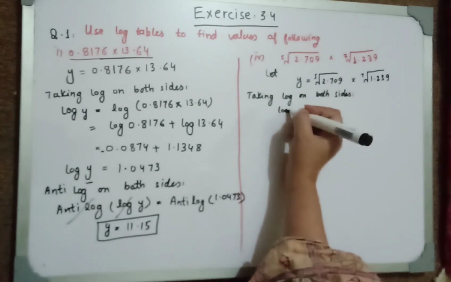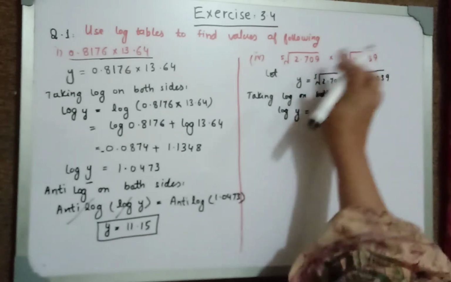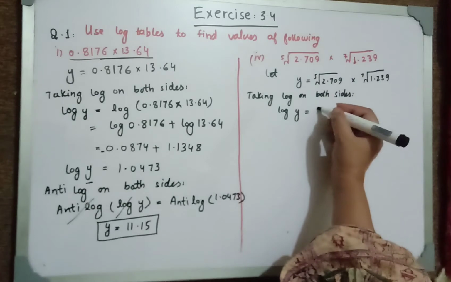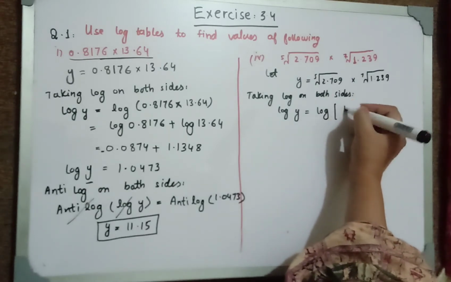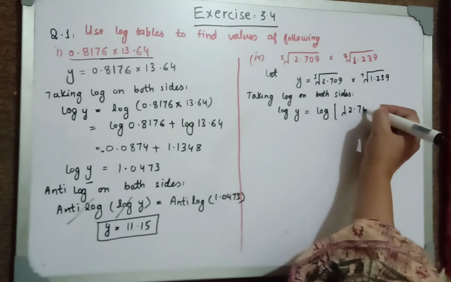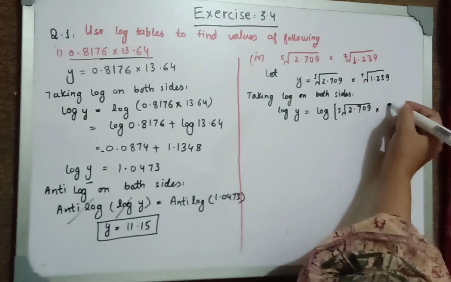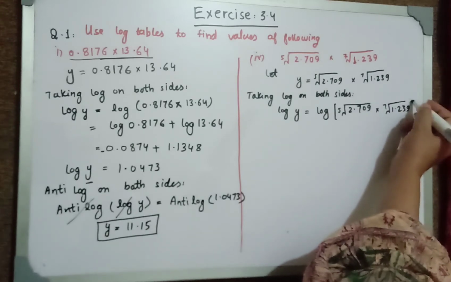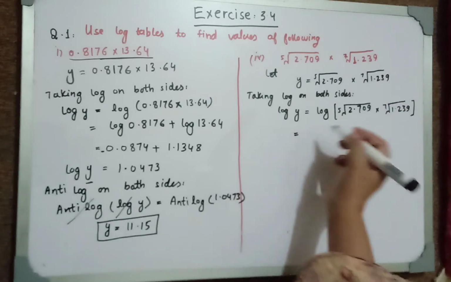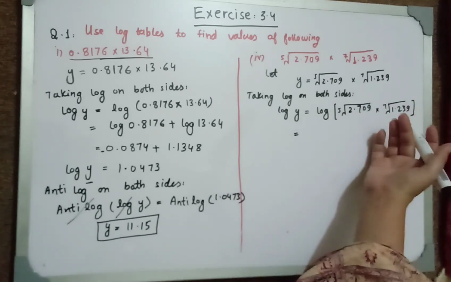Right, so we will have log of y is equal to log of this whole number, so I'll write here equals to log and bracket, and the number as it is, square root of 7, 1.239. Now we're gonna apply log to all the numbers.